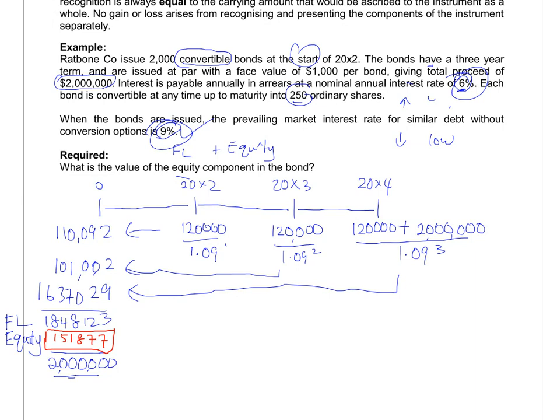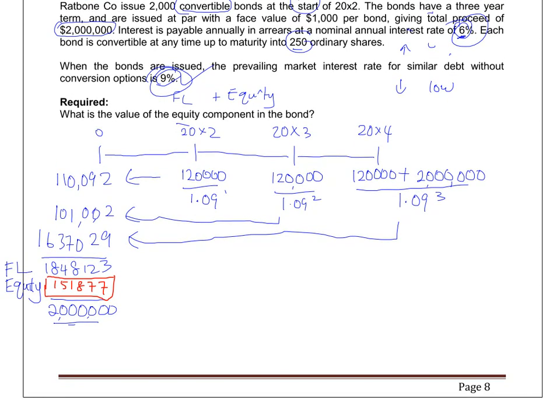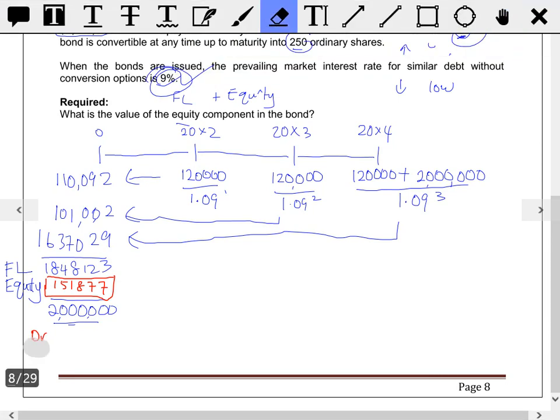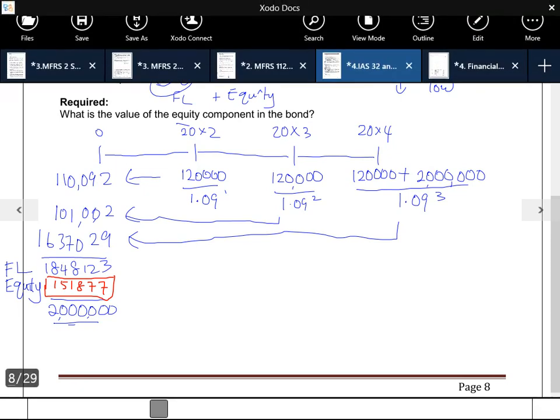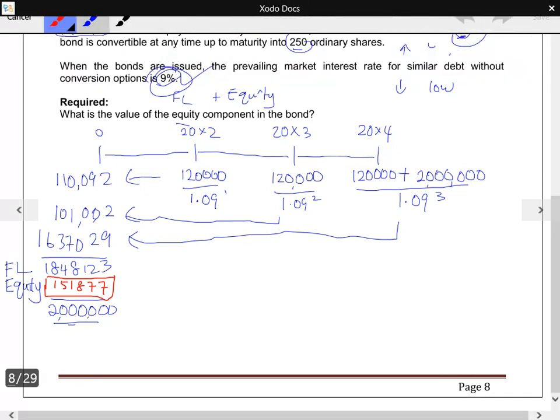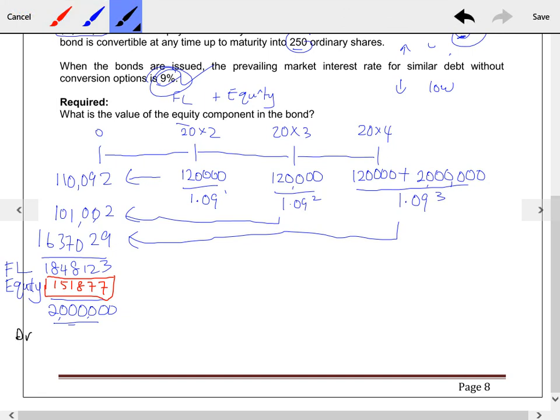So subsequent year, I have a capital balance today of 1,848,123 as my liability. 1 year later, I need to amortize. So I plus effective interest. What is my effective? 9% of this will be how much? 0.09 times 1848, so 166,331.